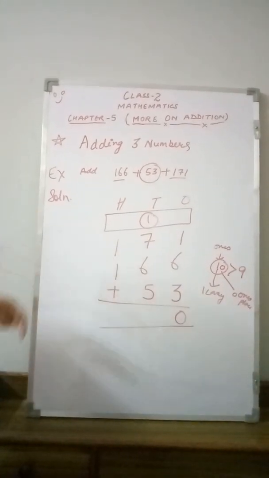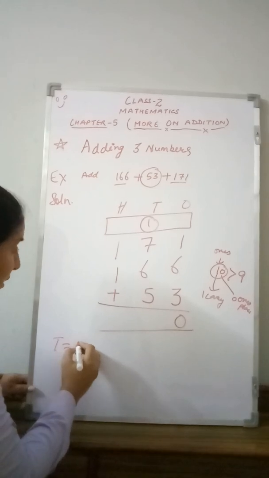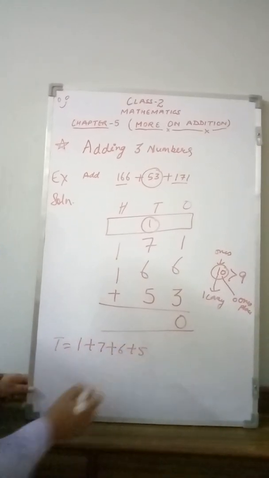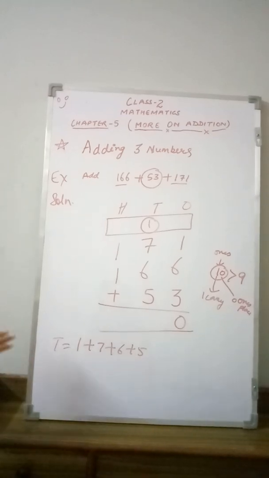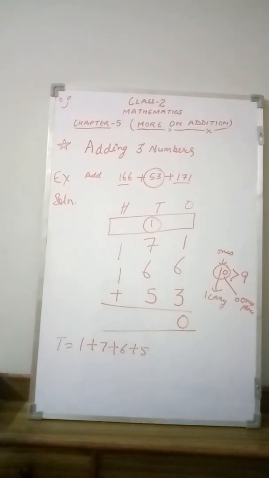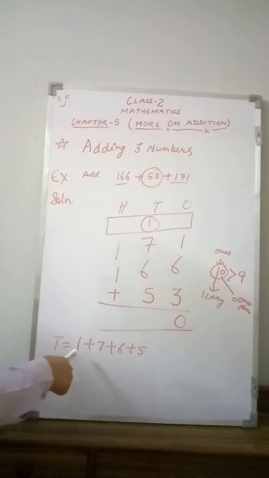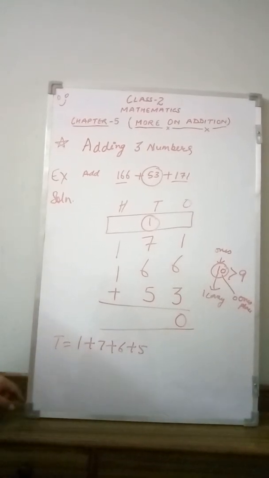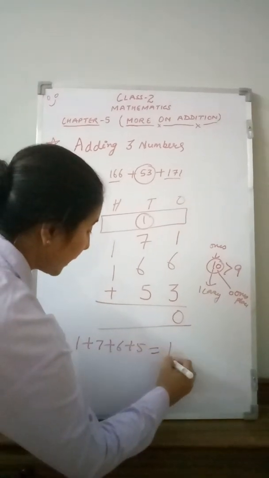Start adding these numbers on the tens place: 1 plus 7 plus 6 plus 5. I am just writing this to explain; you can do this calculation orally, counting on fingers. So 1 plus 7 is 8. 8 plus 6 is 14. And 14 plus 5, what is the sum? 19.